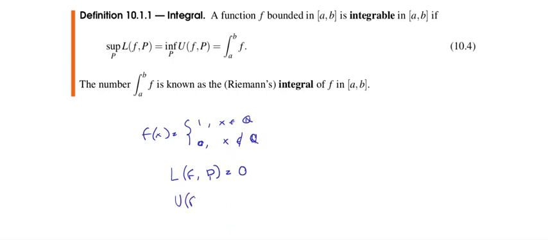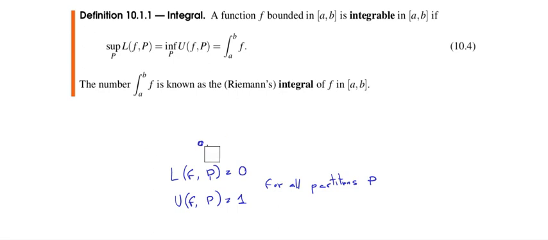And the upper value is always going to be 1, because in all intervals there's always at least one rational number. So this is true for all partitions. The supremum of L is going to be 0, the infimum of U is going to be 1, and so these two things are not equal.